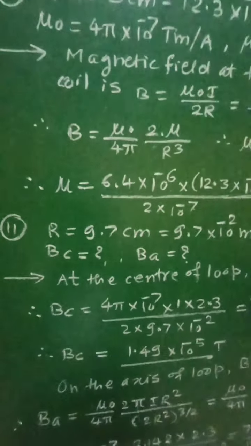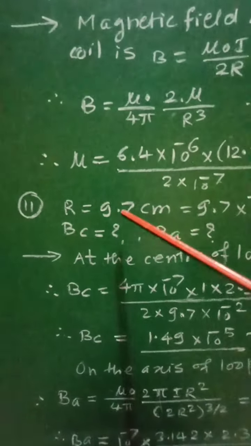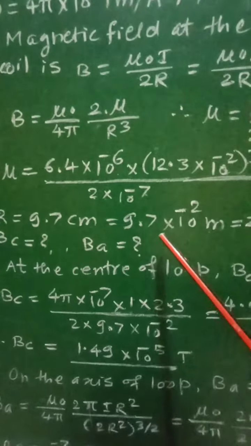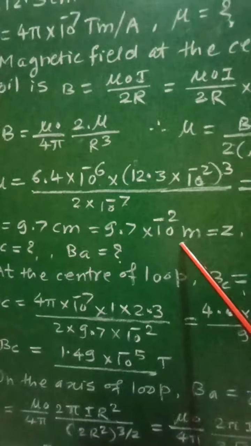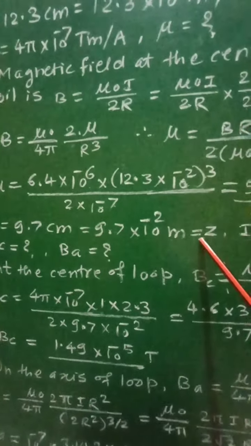And therefore for this numerical number 11, the given data is R is equal to 9.7 centimeter, that is equal to 9.7 into 10 raised to minus 2 meter, which is equivalent to Z, that is distance Z.